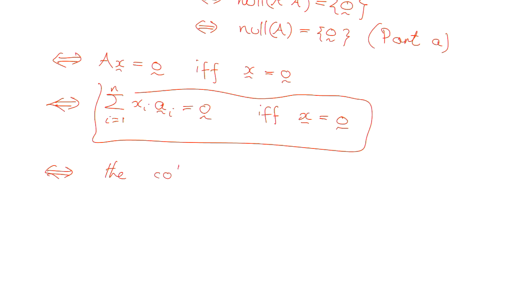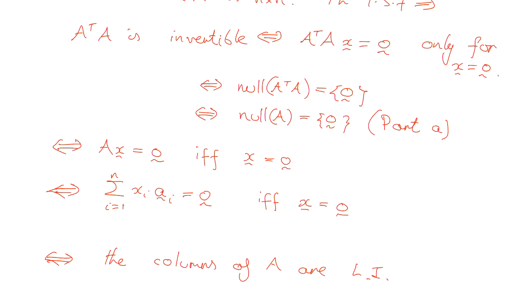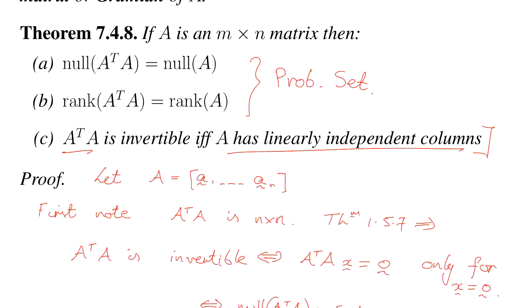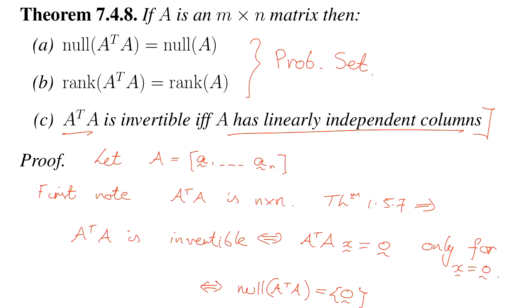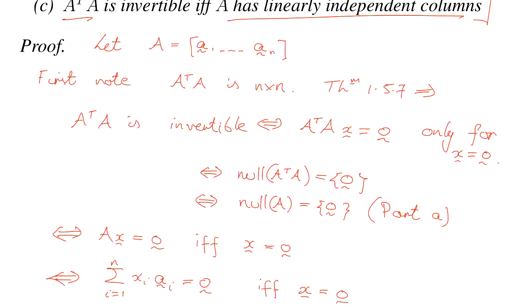So the columns of A are independent. All right, and that's the whole argument. And we've actually done both directions all at once, because all of these statements are if and only ifs. Okay, so is everybody with me? So the Gramian's invertible if and only if A has independent columns. Any questions about the proof?